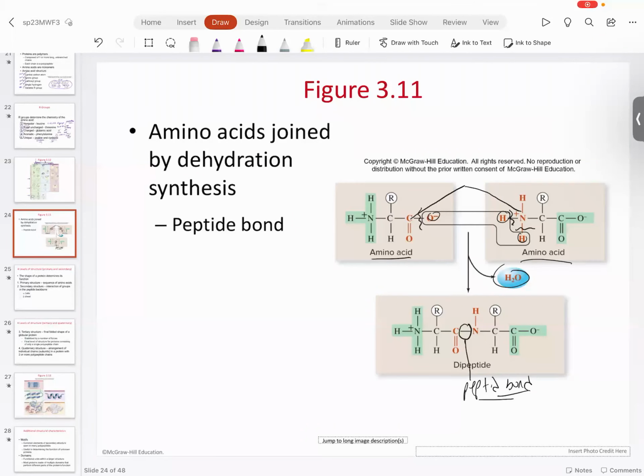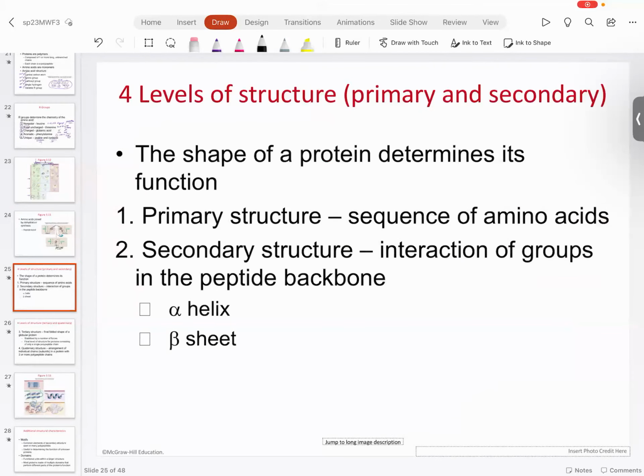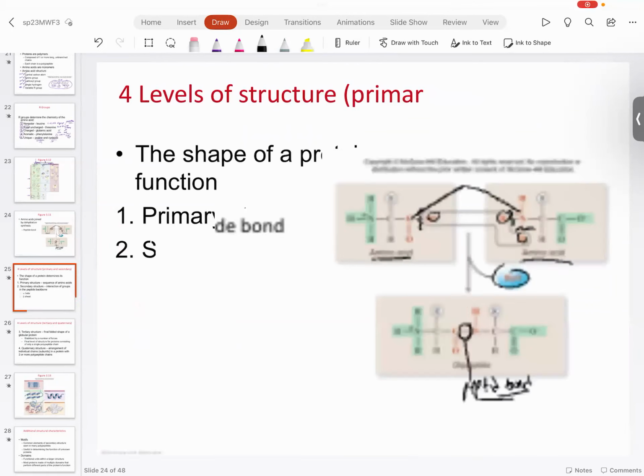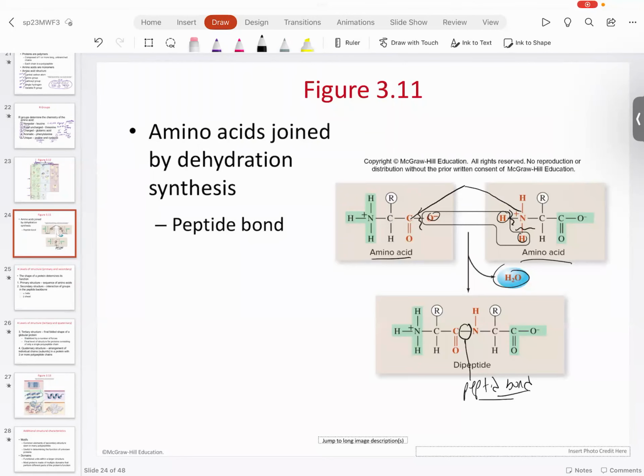Now, what I want to do is draw a little bit, because we're going to get into the levels of structure. I want to sort of draw a tetrapeptide or a pentapeptide, just a generic chain.